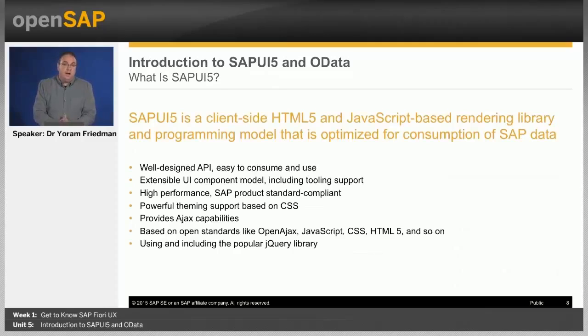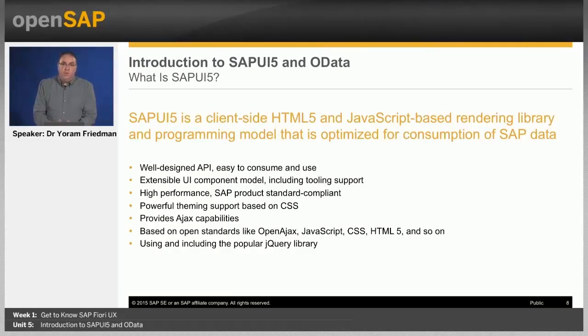Now, Fiori applications are based on UI5. And SAP UI5, you have all probably heard this term, is a client-side HTML5 and JavaScript rendering library. We are using that to consume SAP data and to create a UI out of it.